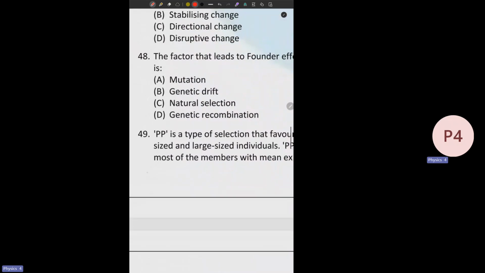See, we are given AA, that is 360. But this 360 is out of 1,000. What we have to find is capital A only. All right, so let's solve it.